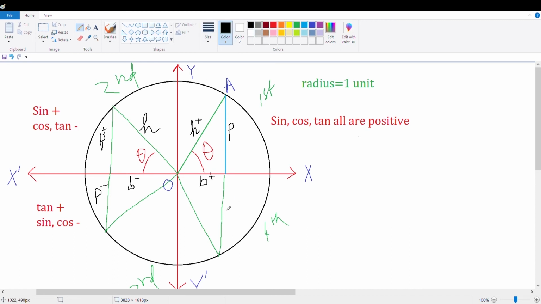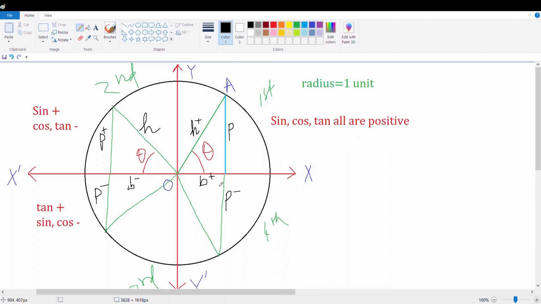Anyone? Yeah, negative, right? Perpendicular will be negative. Why negative? Because you can see the perpendicular is on the negative y side, so it is negative.